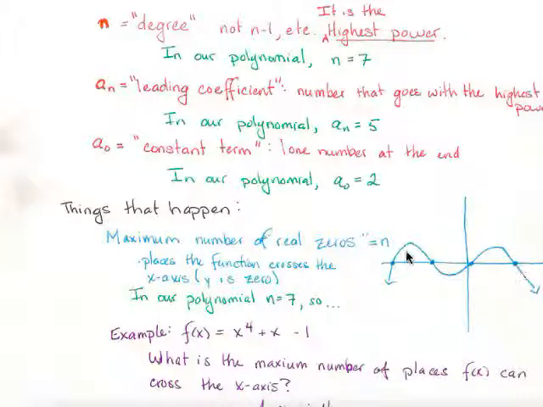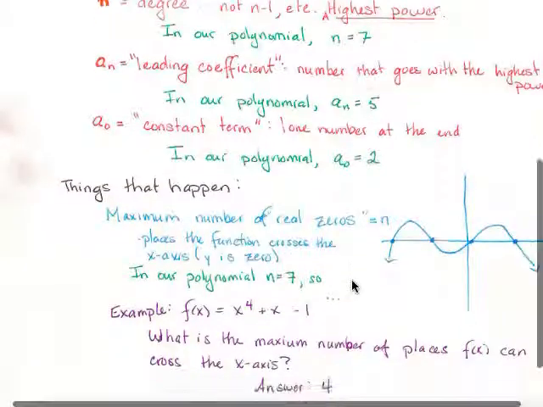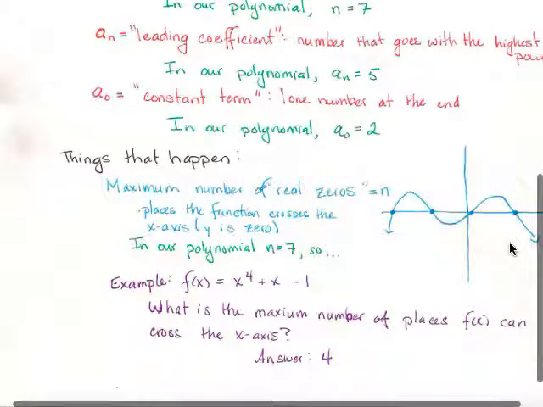So if, say, n had been 4 for this function, you could see that it does actually cross 4 times, but like I said, this is the maximum number, so it might be less than that. The number of places where it crosses could be less, but it won't be more.